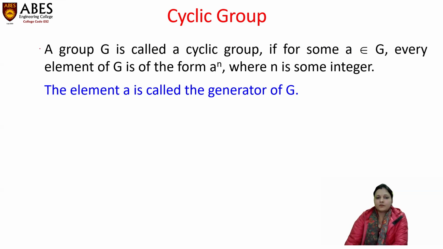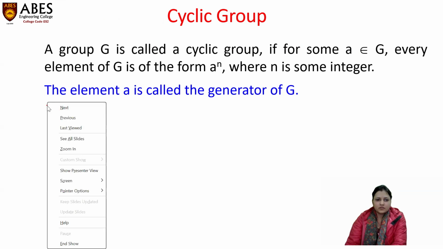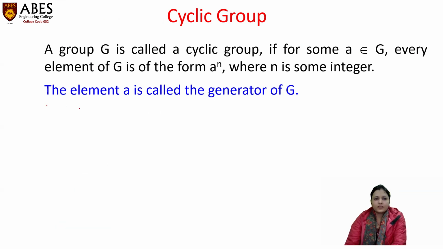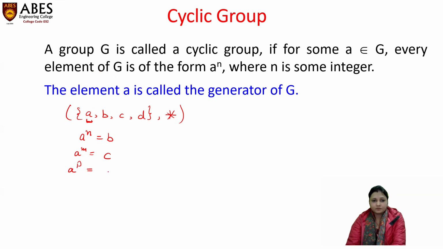For example, if we have a, b, c, and d as the elements of the set, and here we have some binary operator, a group will be a cyclic group if we get an element such that if we raise a to some power n, we get b, a to the power m, we get c, a to the power p, we get d.